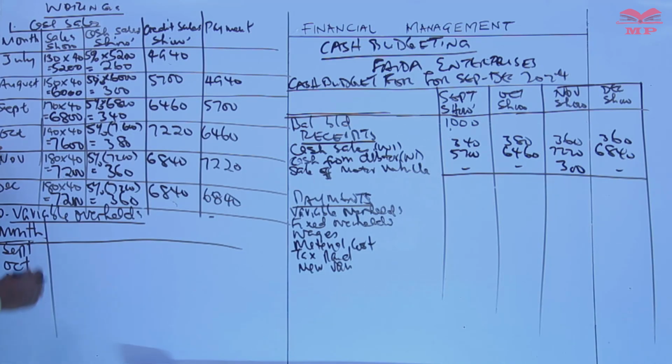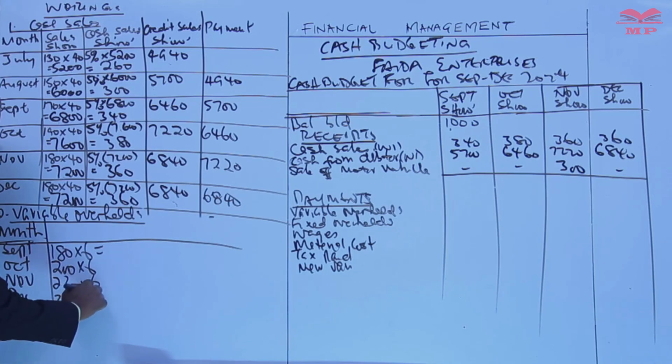September we have 180 units. We multiply by 6. In October we have 200 units. We multiply by 6. In November, this is 220 times 6.